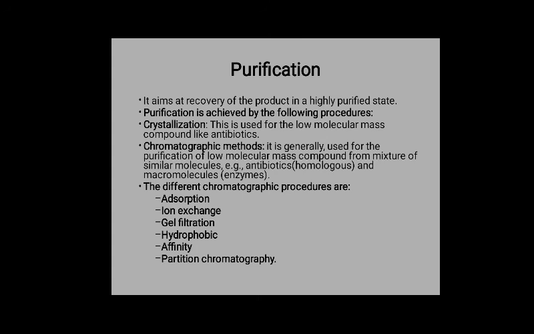It is generally used for the purification of low molecular mass compounds from a mixture of similar molecules like antibiotics, or macromolecules like enzymes. The different chromatographic procedures that can be utilized are your adsorption chromatography, ion exchange chromatography, gel filtration chromatography, hydrophobic chromatography, affinity chromatography, or the partition chromatography.